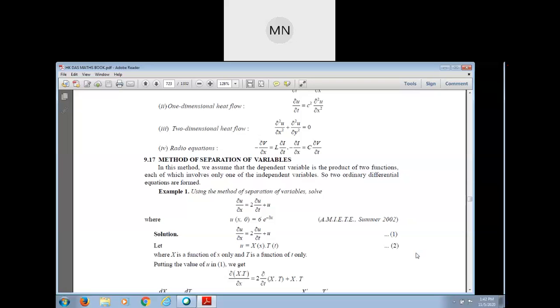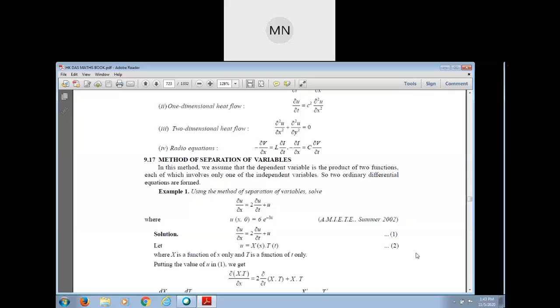In this method, first you have to choose the dependent and independent variables. In the first step, you have to write the dependent variable as the product of two functions, and those two functions involve only one independent variable. Just remember this.